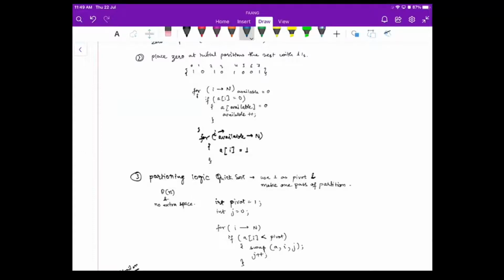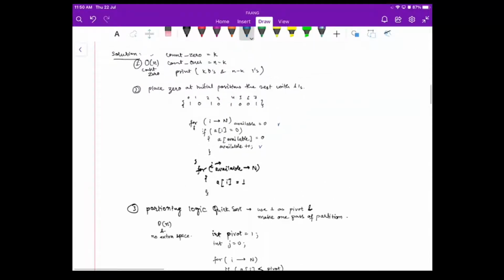So what we have done here, we have counted the available numbers. We have put and incremented the A of i.